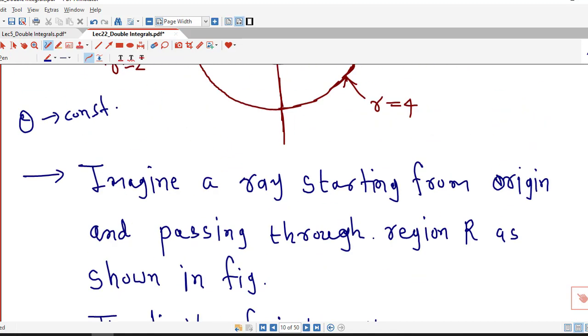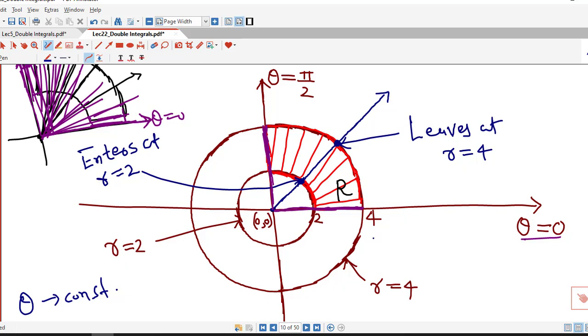So in this way we can decide the limits of integration for polar coordinates r and theta. To determine the limits of r, we consider a ray starting from the origin and passing through the region of integration, and then we decide the value of r at the point where this ray enters the region and at the point at which the ray leaves the region.